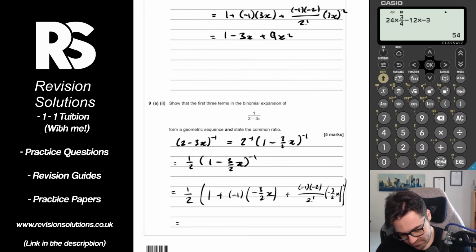Expanding that out, then we have a half, and then this would be plus 3 over 2x, but times that by a half, that would be plus 3/4 x. And at the end, this all cancels out again. But 3 over 2x all squared, that's 9 over 4x squared, times the half again, that's plus 9 over 8x squared. And then we can see the common ratio: each time we're multiplying by 3 over 2x.